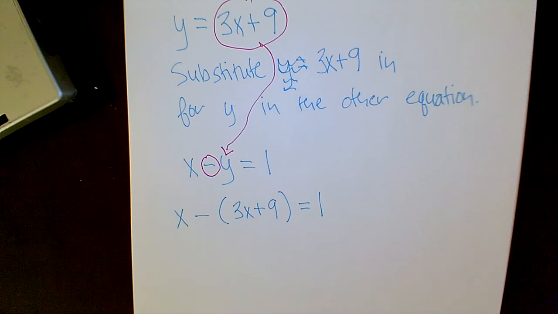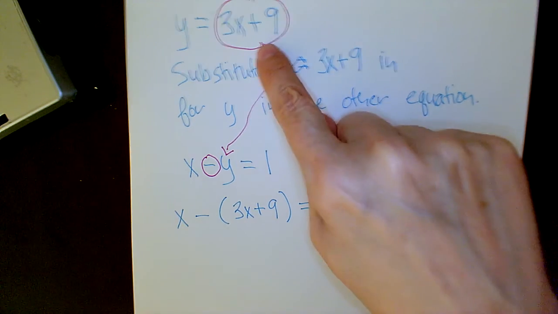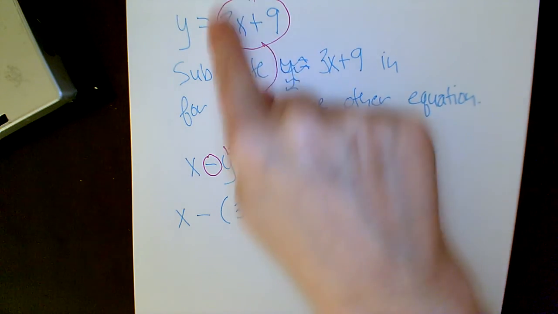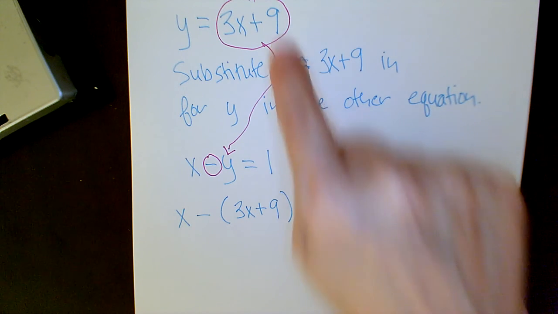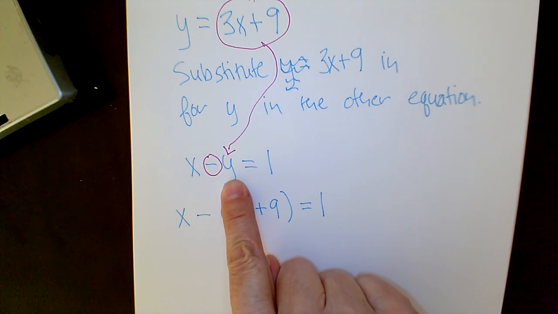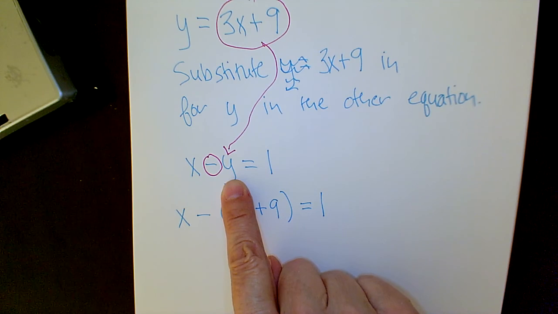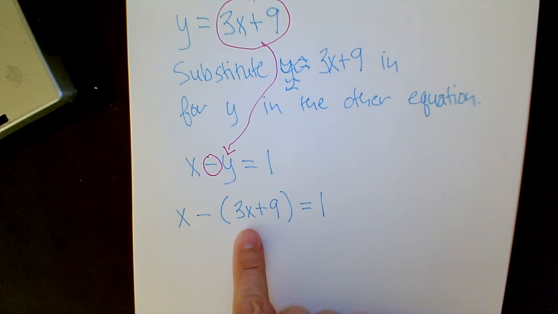So this is why it's called substitution, because we're taking and we're substituting. Since y equals 3x plus 9, I can take that and sub that in for y. And because there's a negative, I'm going to put parentheses around it.